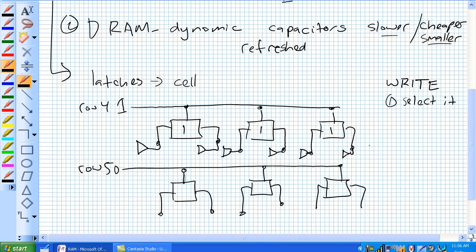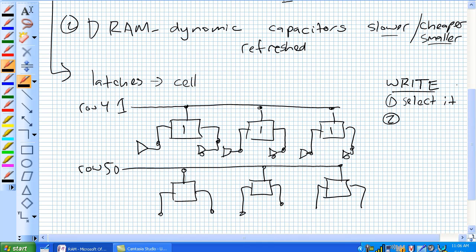I'll draw this again too, a little bit neater. Just for now, just think the data in is coming in through there, and I'm going to draw how that works. Okay, so a read.